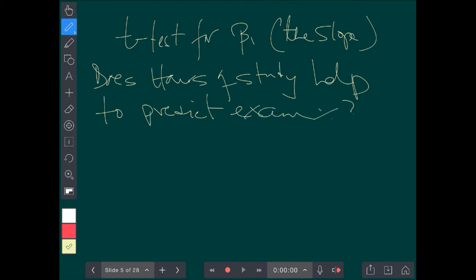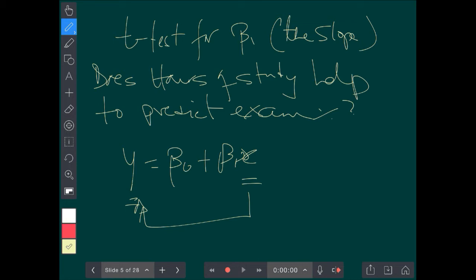So if we look at the population regression equation, beta 0 plus beta 1 x: if x does not help to predict y, x should not be in the equation, and the only way for x not to be in that equation is for beta 1 to have a 0 value. But if x is going to contribute to y, then beta 1 cannot be 0.